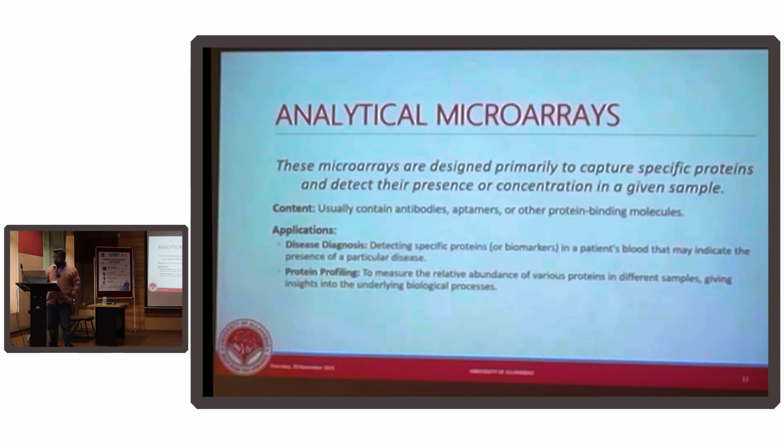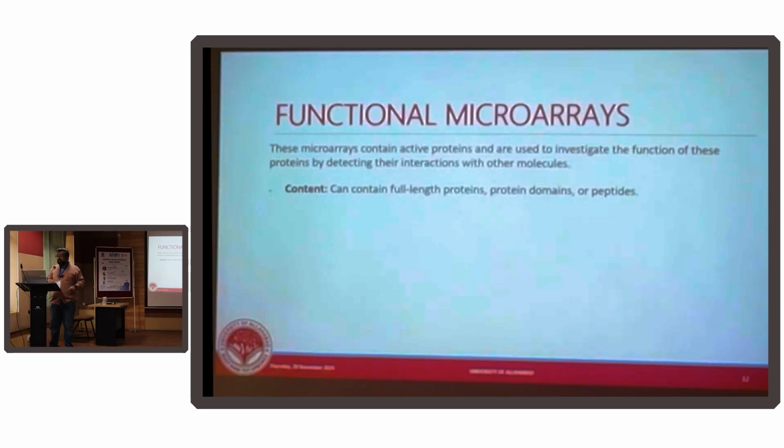Then we have something known as functional microarrays, and as we had discussed, they contain full-length proteins or protein domains or peptides, right? So if you want to study a protein-protein interaction, or suppose you want to study if a particular domain of a protein is interacting, then you can break down the protein, make those proteins, immobilize them on a chip, and then do your assay.